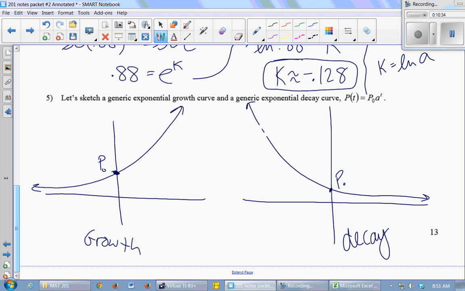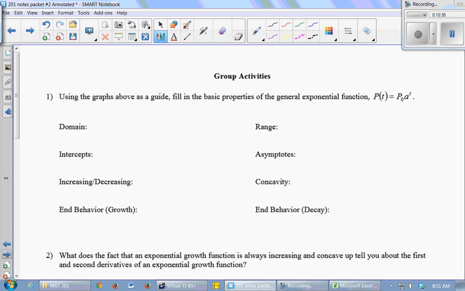Those look like familiar functions. You've drawn stuff like that before. That's it. Now you're going to do some work to help you remind yourself of all the details.